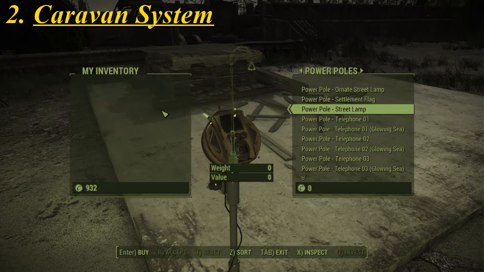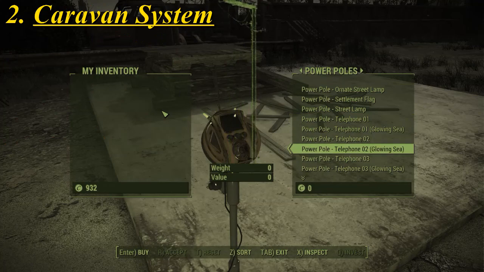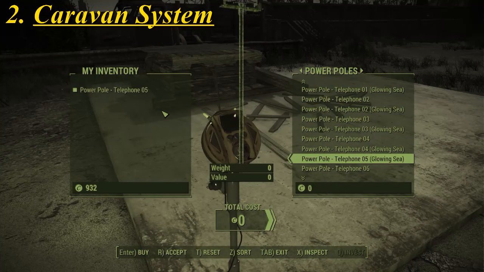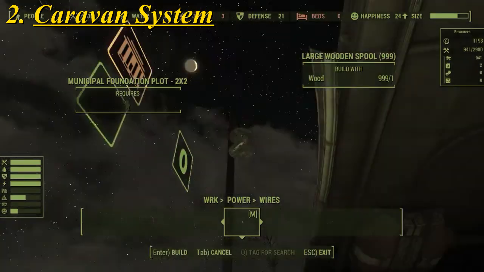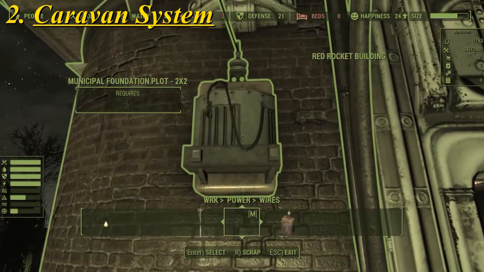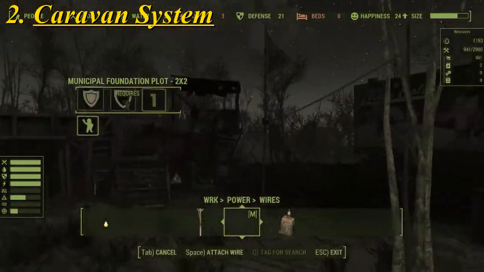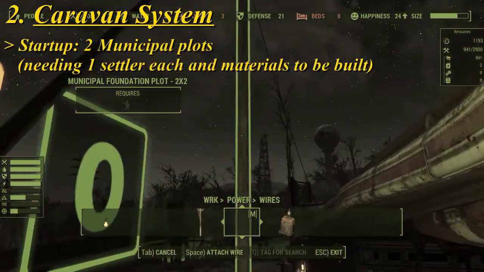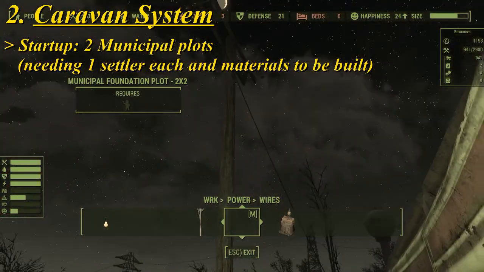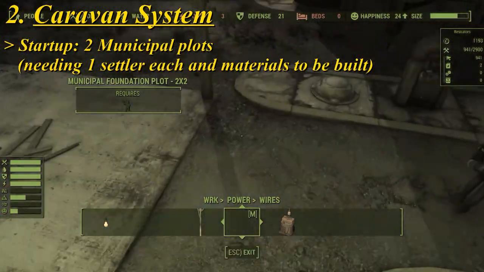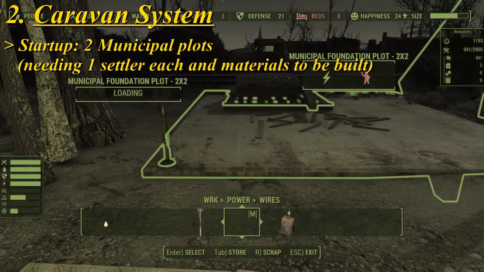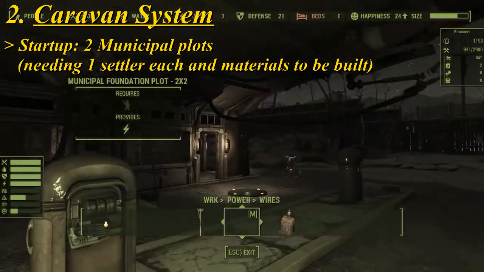Next, the caravan system. The caravan system is an inherent system with Sim Settlements 2. It does have benefits, but it also has quite a few drawbacks in my opinion. So how does the caravan system work? Well, for starters, you need a municipal plot at both settlements that you are linking. So that is already a huge disbenefit from the provisioner system, because you need to build something at both settlements, which requires resources.